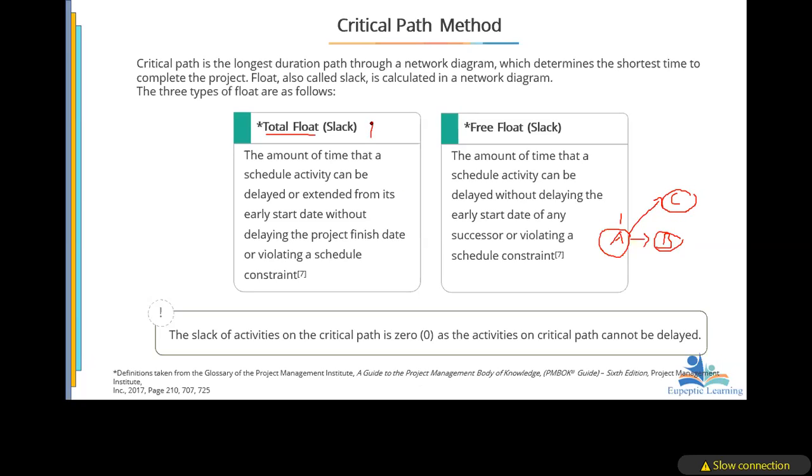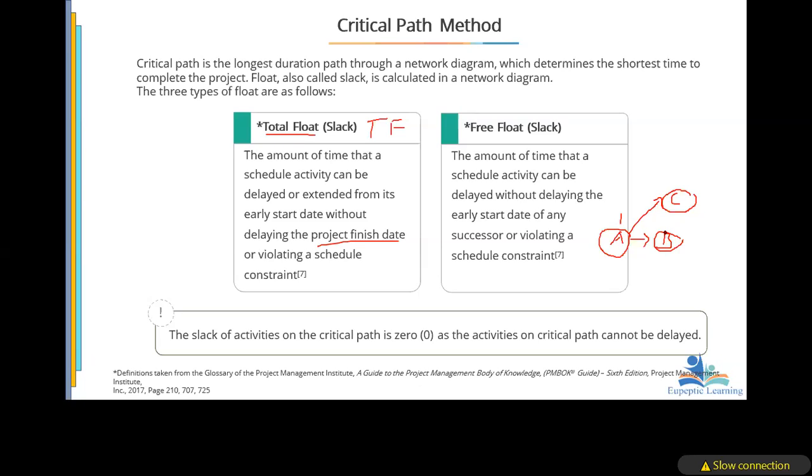For total float, which is TF, you are looking at what will happen to the project finish date if an activity is delayed. But for free float, we are looking at what will happen to the immediate successor activities if an activity is delayed.